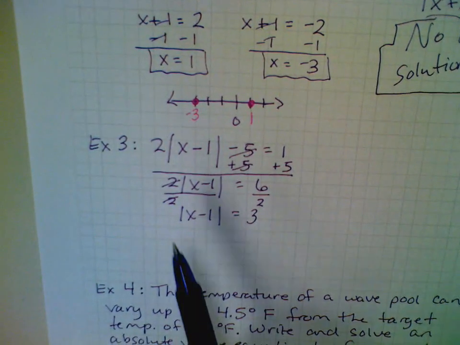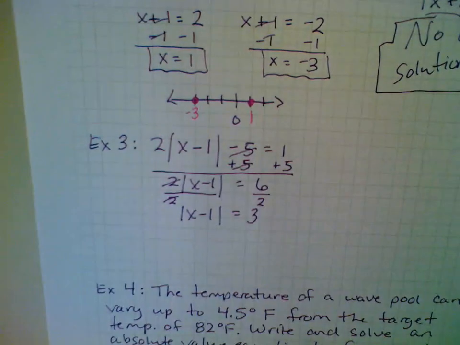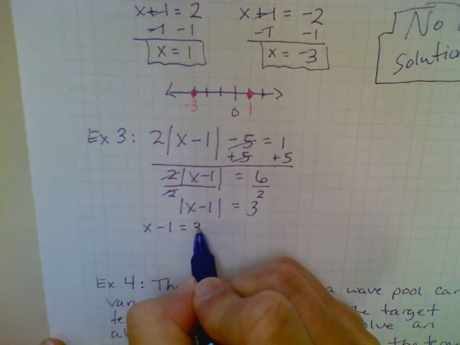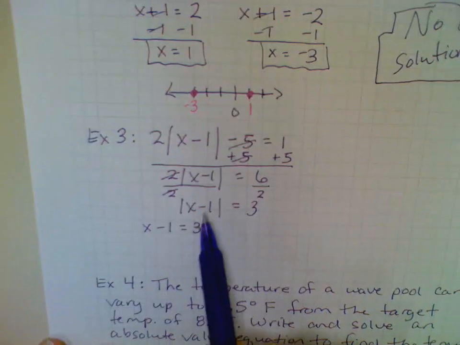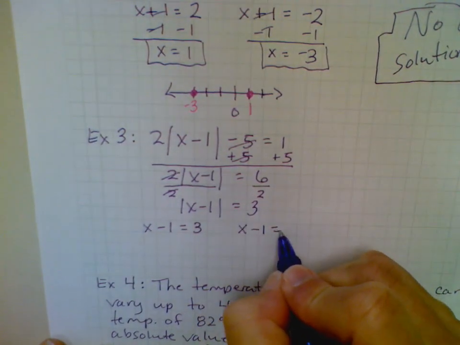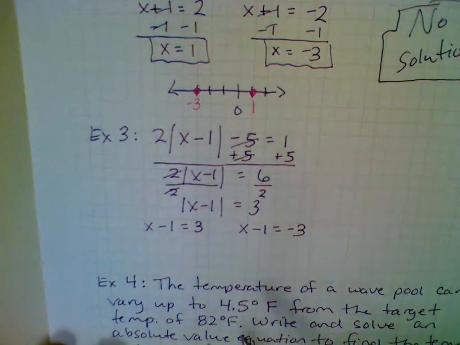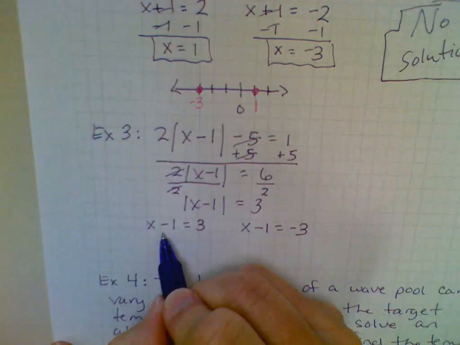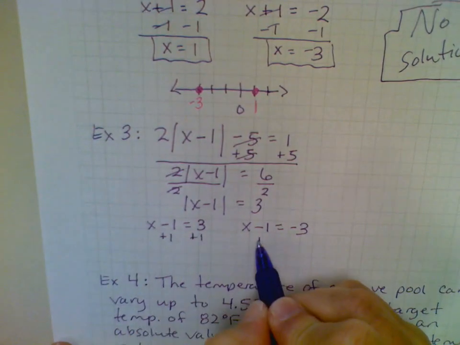Okay, now I'm ready to set my 2 equations up like I did above. So it's going to be x minus 1 equals a positive 3, because I know absolute value of positive 3 is 3, and I can do x minus 1 is negative 3, because I know absolute value of negative 3 is also 3. Solve those, so I'm just going to add 1 all the way across.